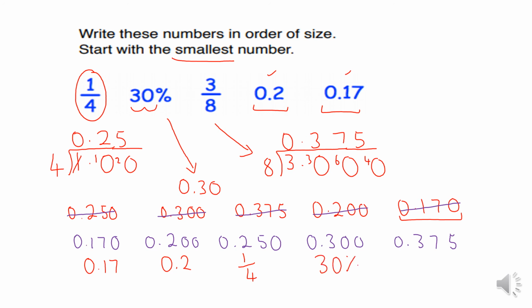And the last one, 0.375, was 3/8. Now what you would have noticed, all of the bottom ones are in order of the original form of the question.